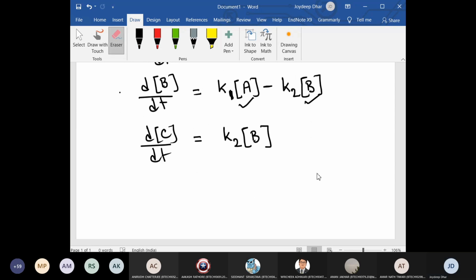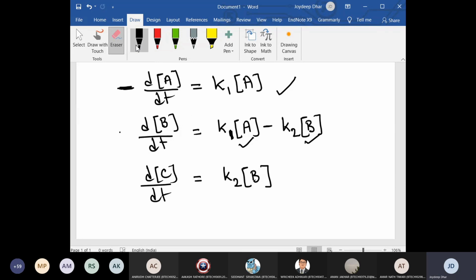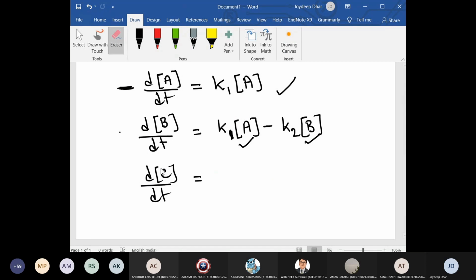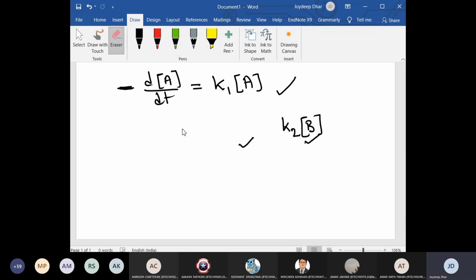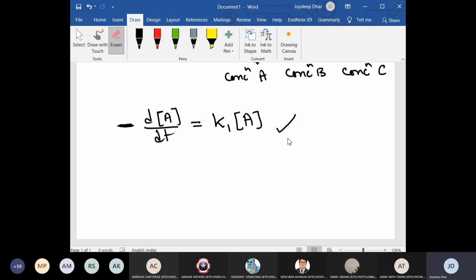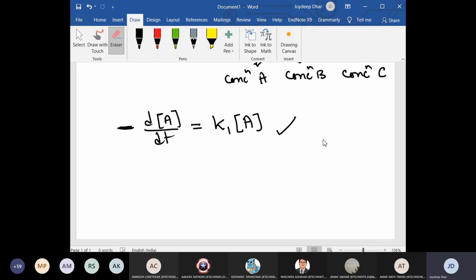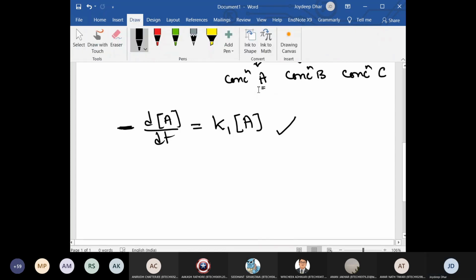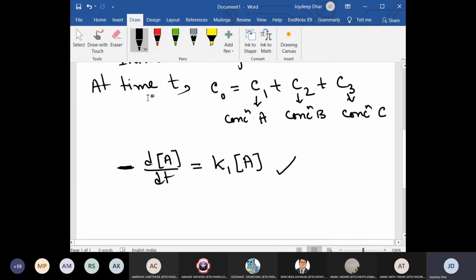So let me write with respect to A. I already told that the concentration of A I have written in terms of C1.